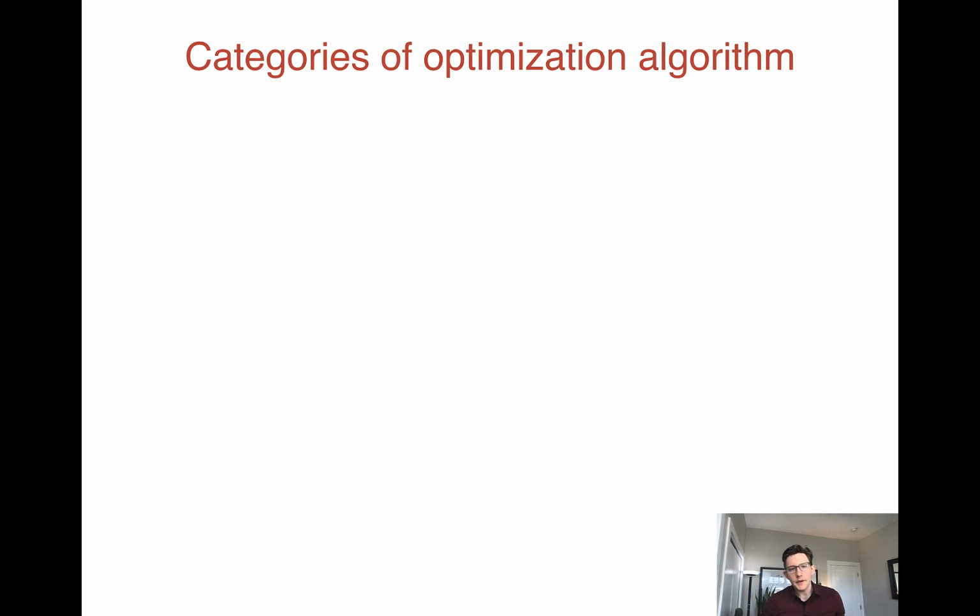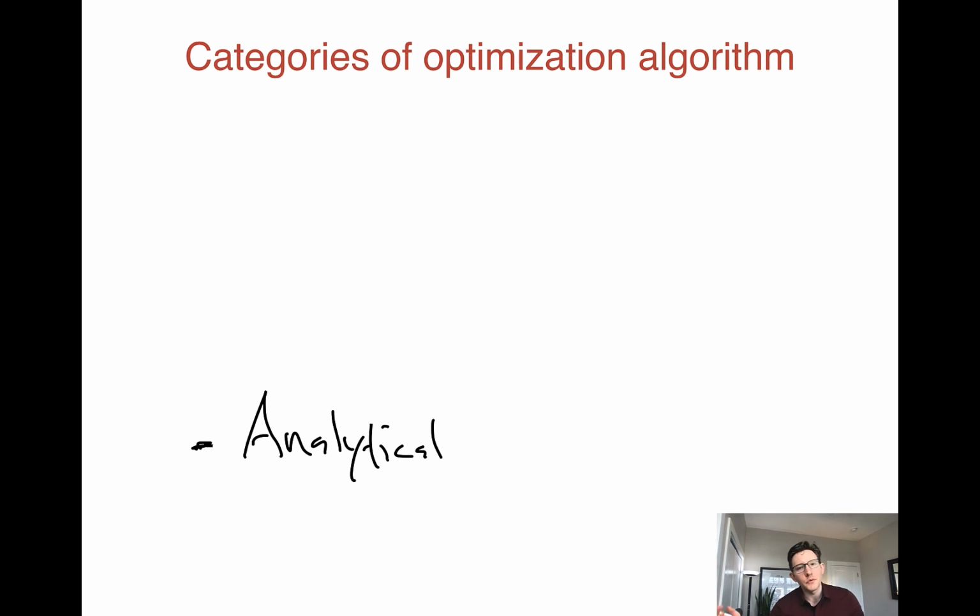So our main topic for this week is to look at different optimization algorithms, and it's worth categorizing those algorithms into different categories. The first category, and the one that we've been focusing on so far, is analytical solutions. That is, cases where we can analytically solve for the optimum of our likelihood function.